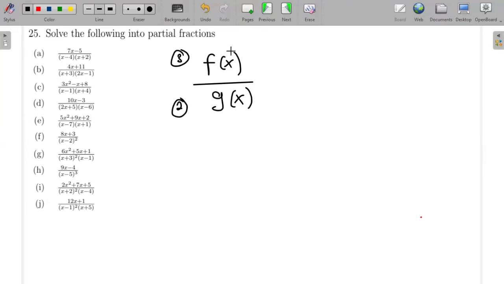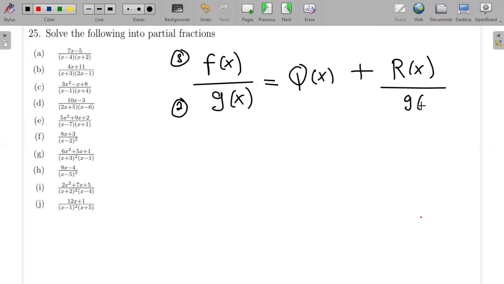First of all, we divide this by long division. Once we divide, we get the quotient, which is the answer, plus the remainder. This remainder you divide by the function which was down there. The part you're going to decompose is this part. We decompose this part and then add it to the quotient you got when you divided those two functions. That will be your final answer.